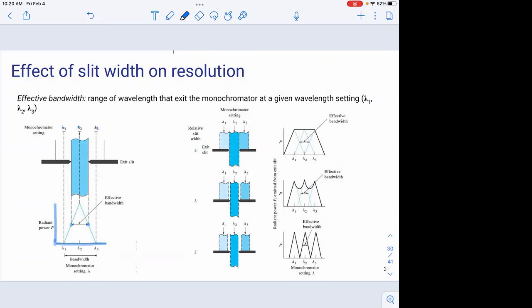Okay, so let's talk about what that looks like. If I have an optical image of a particular wavelength that is the exact size of my exit slit, the effect is that the bandwidth for that particular wavelength goes from here to here.